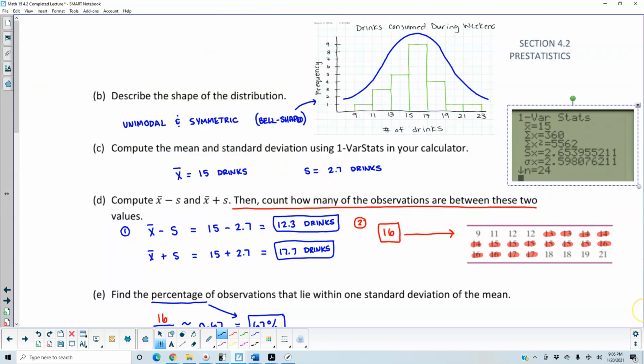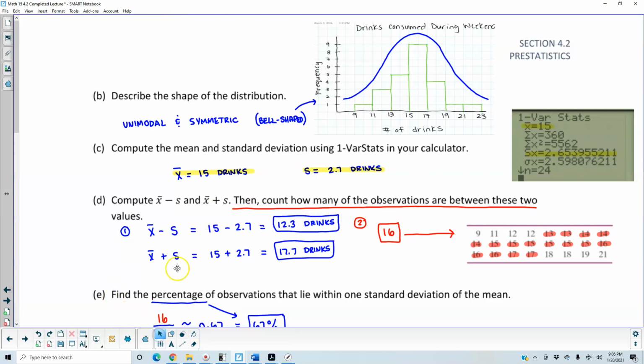If we take a look here, we can see that the mean x bar is 15, which is 15 drinks. And the standard deviation is rounded to 2.7. And so therefore there's our standard deviation.